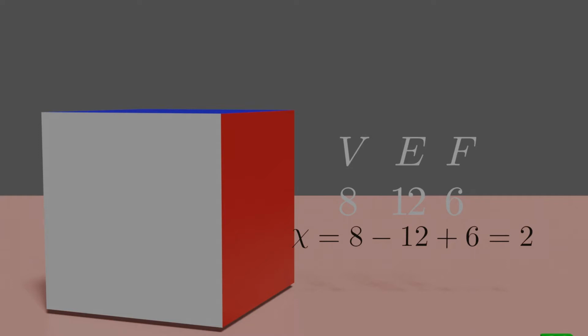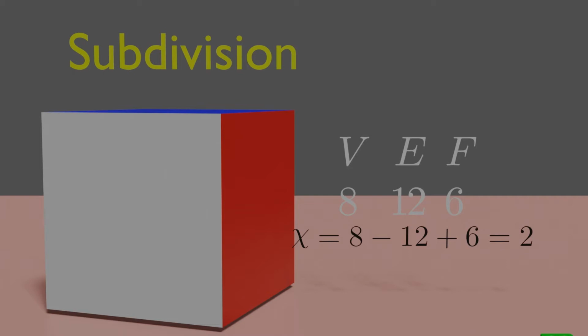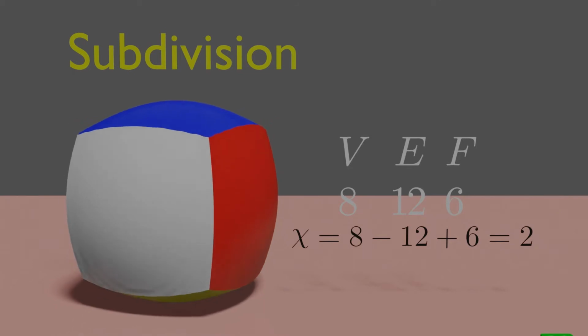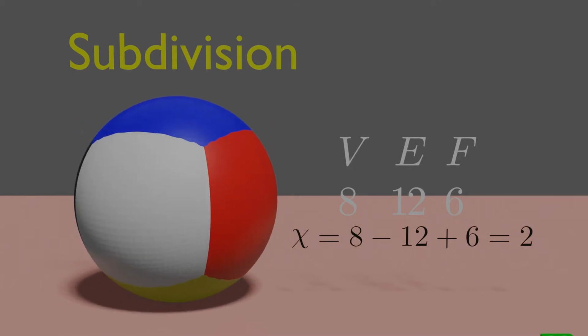Now, how do we calculate Euler's characteristic for a smooth surface like a sphere, which does not have defined vertices or edges? We use subdivisions. It is basically a wiring, which we envelop the surface that we want to calculate Euler's characteristic number. In this example, we use the previous cube as our subdivision wiring that envelopes the sphere.